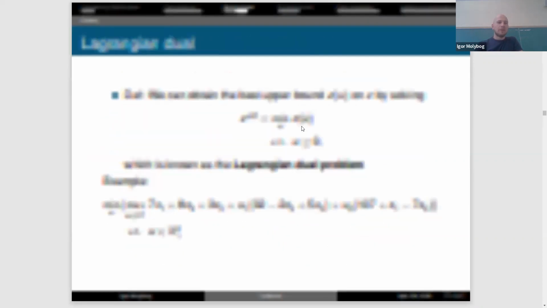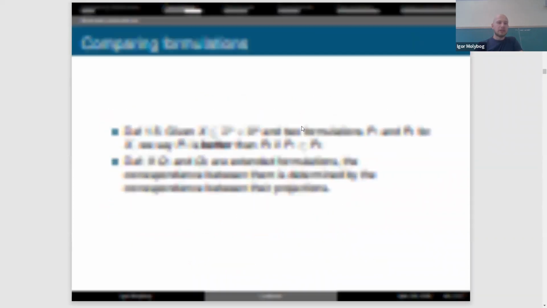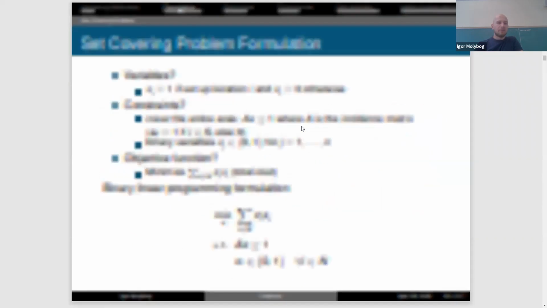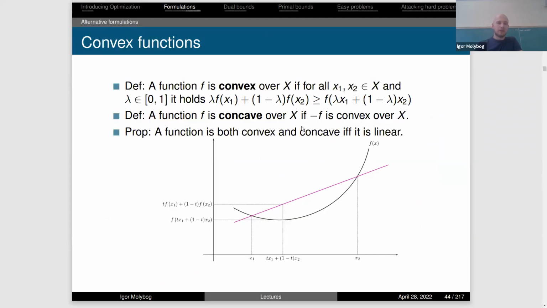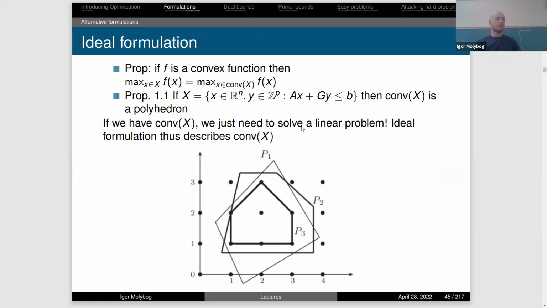So in the very beginning, we were discussing the problems, the formulations for the problem. I remember that on the midterm there were difficulties with the notion of a formulation.